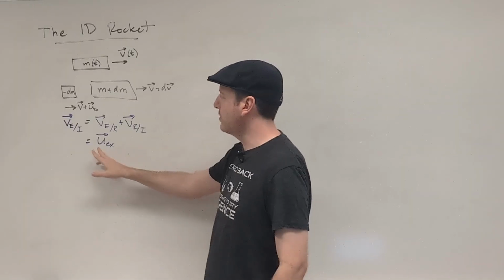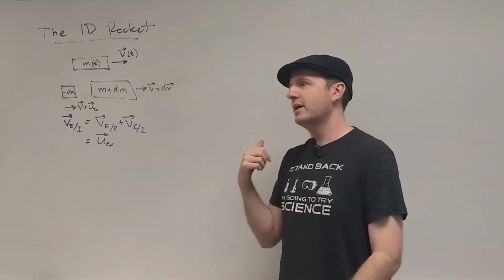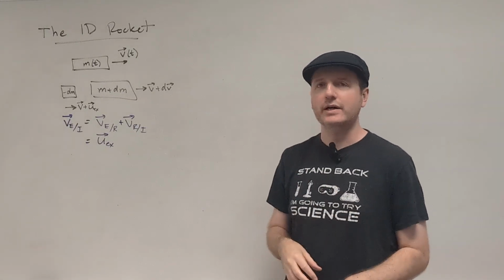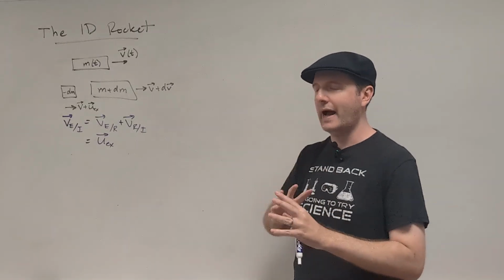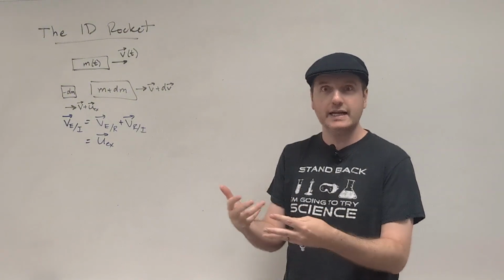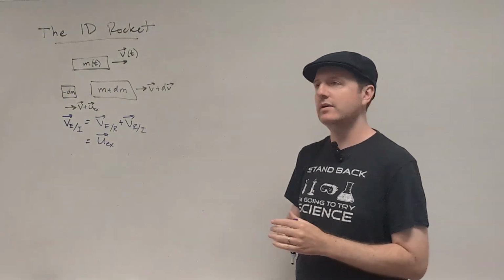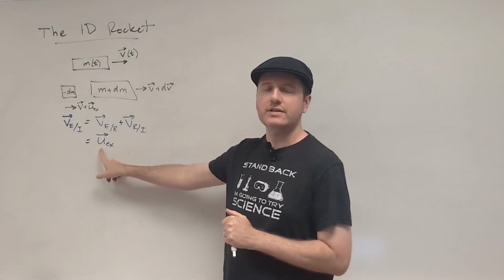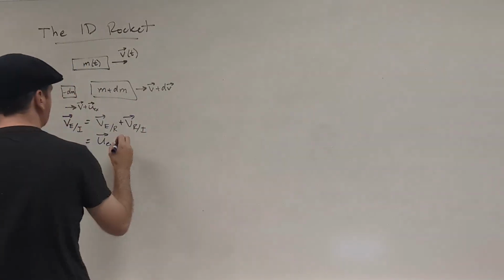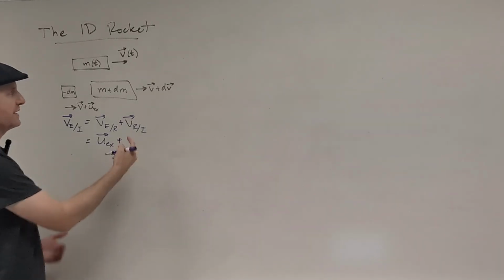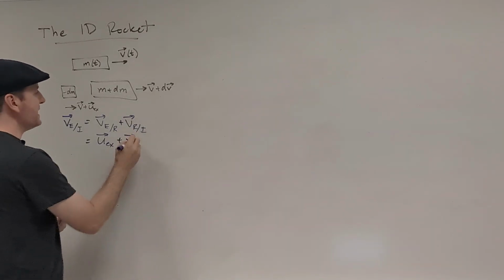This is totally a function of things like the nozzle aperture area, the pressure differential, the combustion rate, etc. All of that stuff about how the rocket is actually mechanically ejecting the material is hidden inside of this exhaust velocity. This piece, however, is the velocity of the rocket with respect to me, but that's just v.